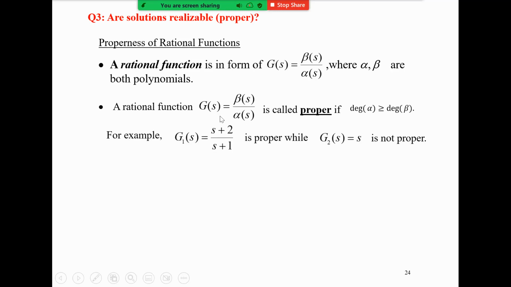For example, (s plus 2) over (s plus 1) is proper, while this one, the derivative term, is not proper. If the degree of alpha is bigger than the degree of beta, then we call the function strictly proper.